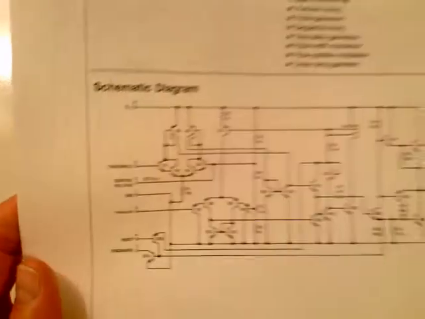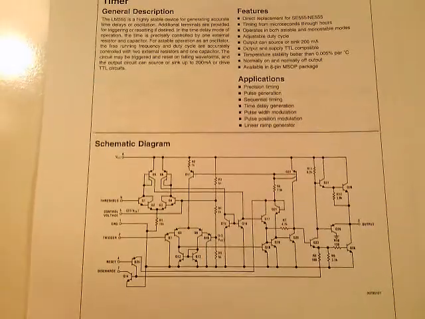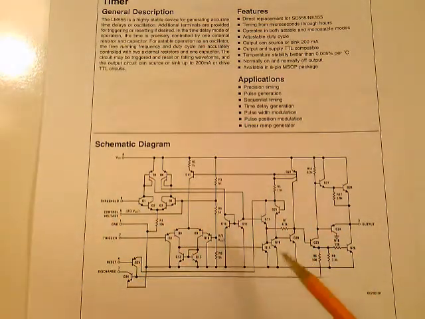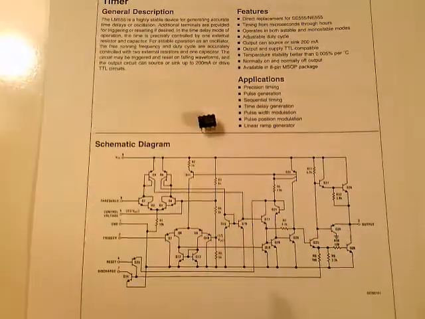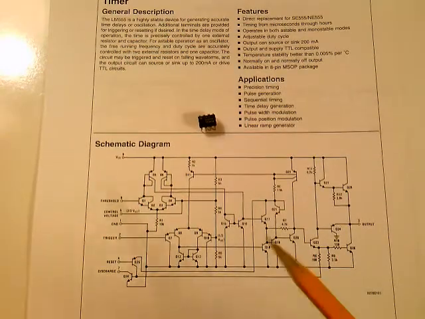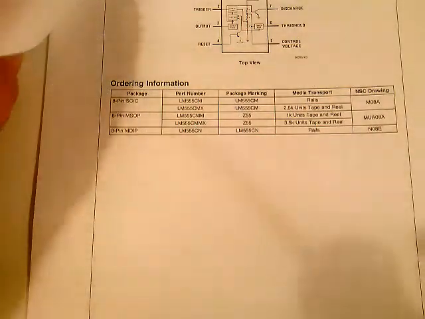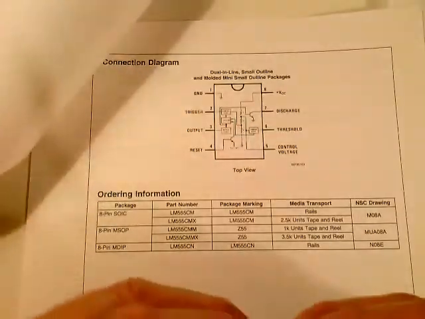Inside this 555 timer is this circuit. In your specification, all these transistors and resistors are all inside that little device. But all we care about is how we use it. On the second page, you'll see the pinouts up here.